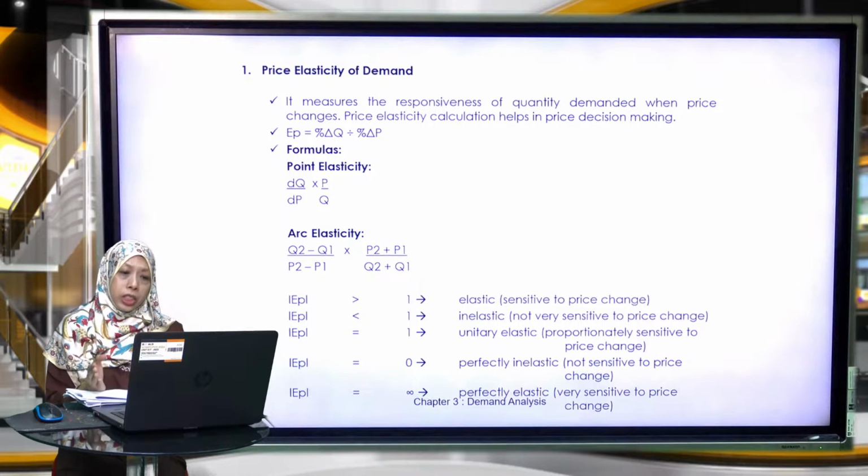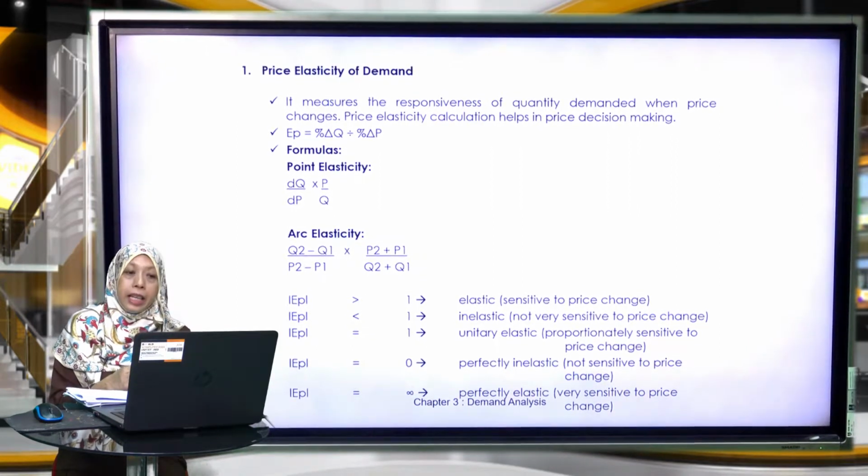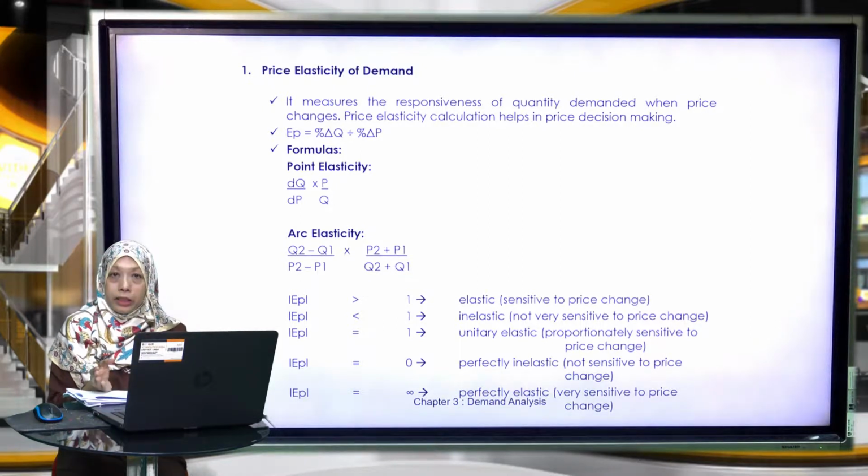If we are interested in identifying the change in quantity demanded as a result of a change in price, then we need to analyze price elasticity of demand. Specifically, price elasticity of demand measures the responsiveness, or the sensitiveness, of quantity demanded when the price of the product itself changes.